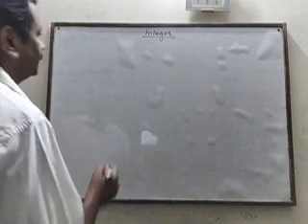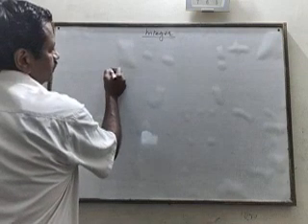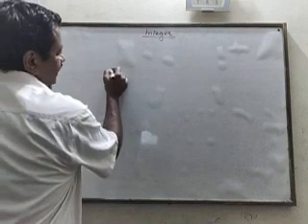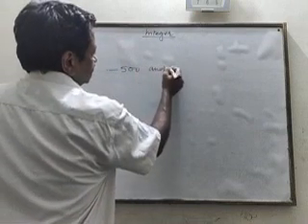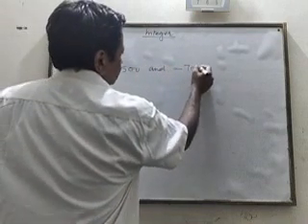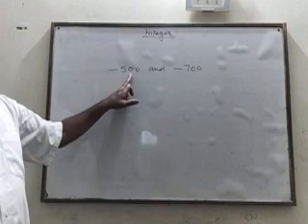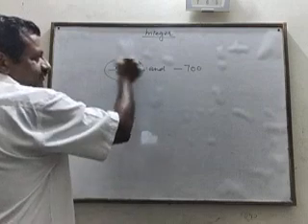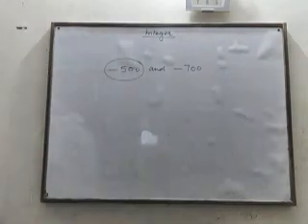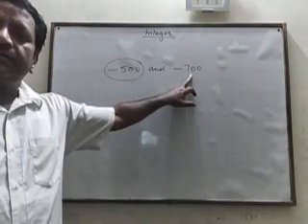Now few things to be understood. Which one is greater among 500 and -700? Which one is greater? -500 is greater and -700 will be smaller.